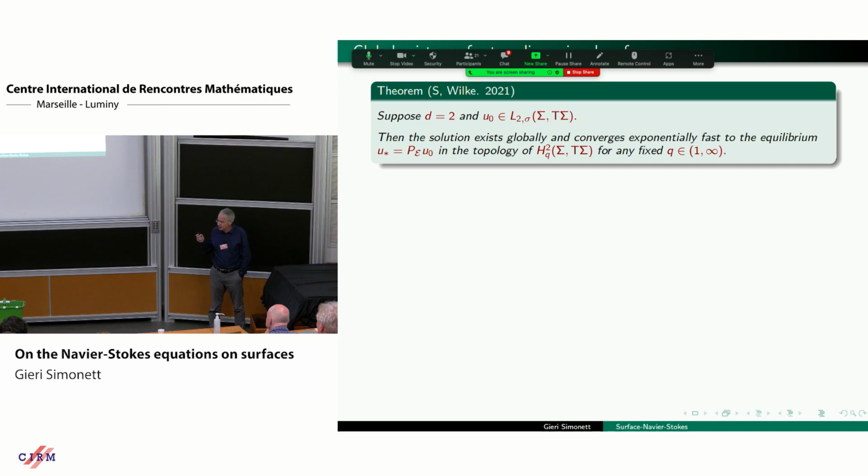So if you were on the sphere, it means if you start out, then it will relax to an equilibrium. And it depends very much on what the projection of U0 to the Killing fields is. Now, this is kind of the best result you can hope for.